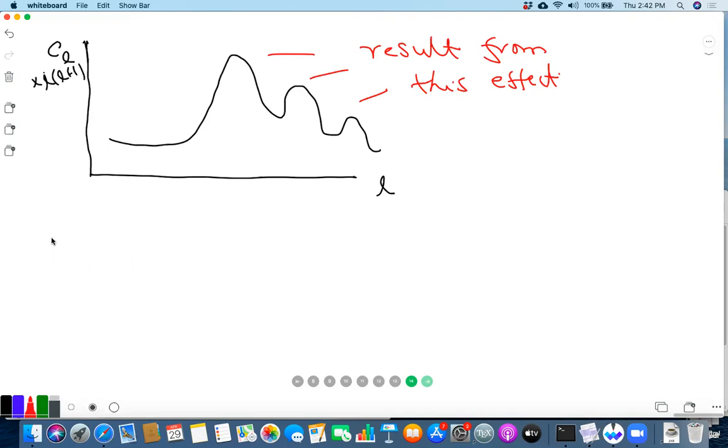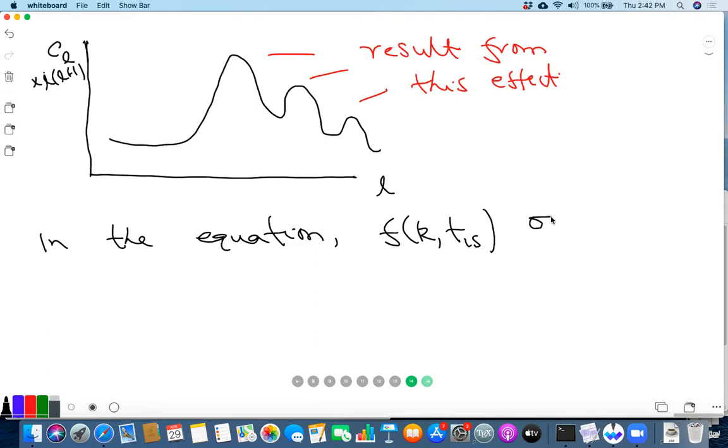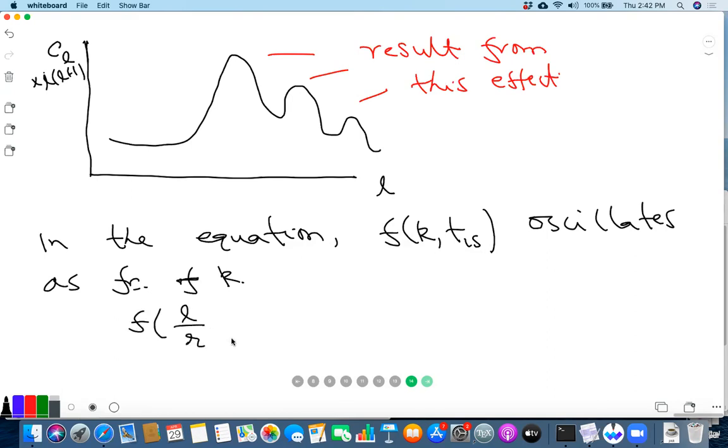So in the formula, in the equation, what oscillates is this one: F K TLS oscillates as a function of K. And since we are supposed to evaluate F of L over R TLS, this oscillates as a function of L.